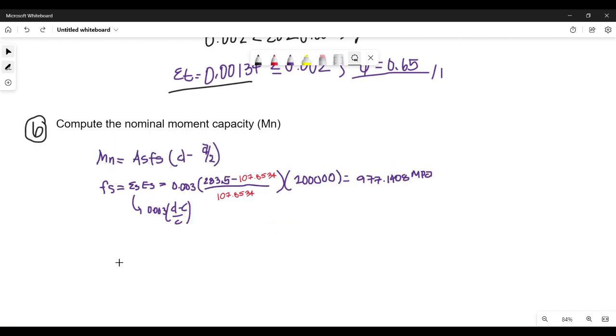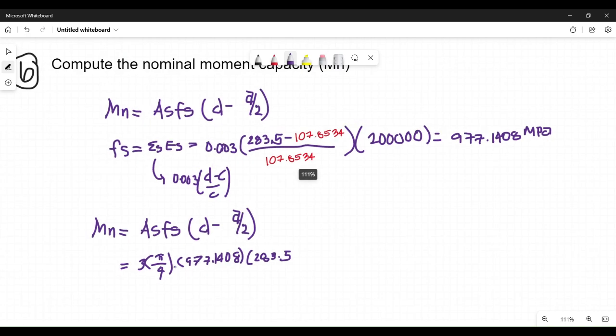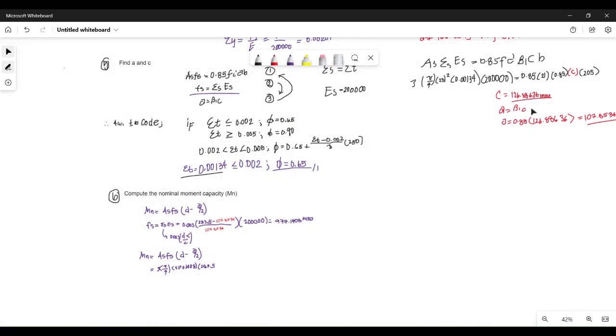Paste it here. We now have a value for Fs. So ES is equal to 3 pi over 4, Fs of 977.1408, minus effective depth 283.5. The value of A, what is our value of A? Oh, wrong. It's C that we copied. So we have to change this.